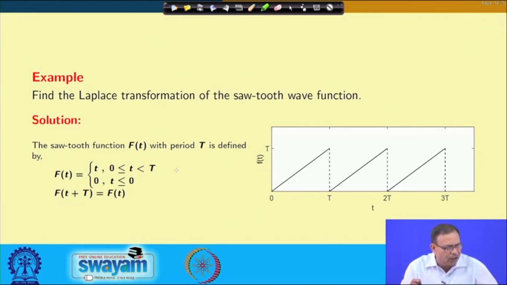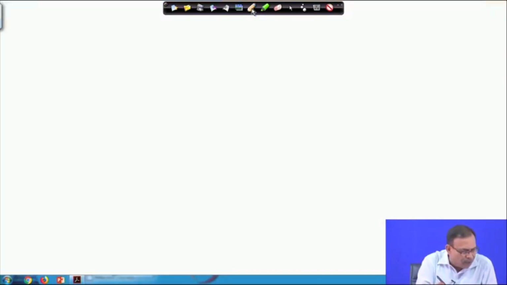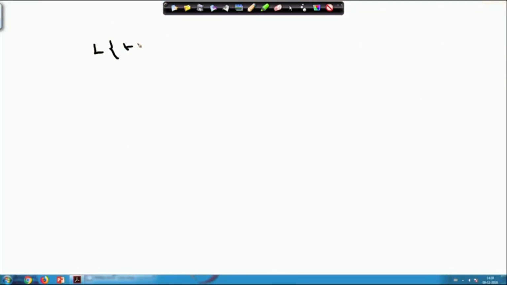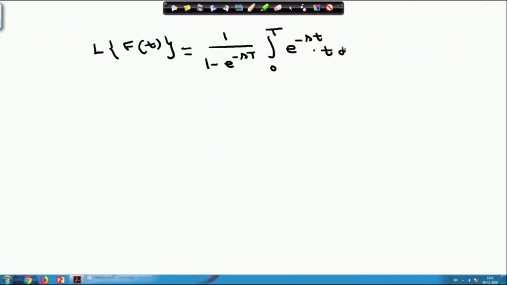Next is how to find the Laplace transform of this sawtooth wave function. Since it is a periodic function with period capital T, we can write the Laplace transform of f(t) as 1 by 1 minus e power minus sT, into the integral from 0 to T of e power minus st into t dt. So, effectively I only have to evaluate the integral, nothing else.